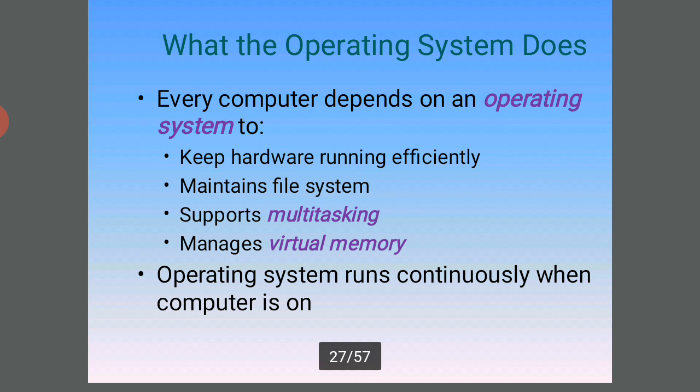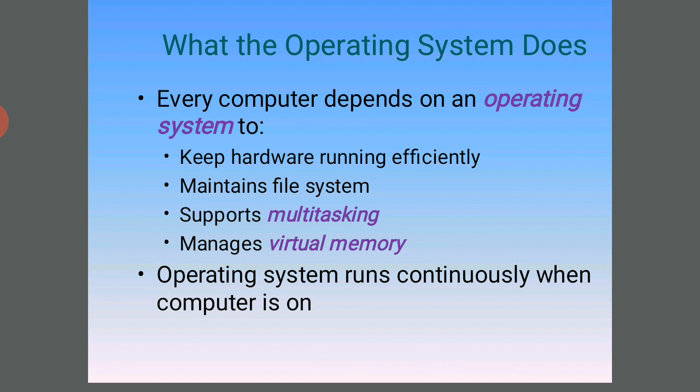And what does the operating system do? Every computer depends on an operating system to keep the hardware running efficiently, maintain the file system, support multitasking and manage virtual memory. The operating system runs continuously when the computer is on.